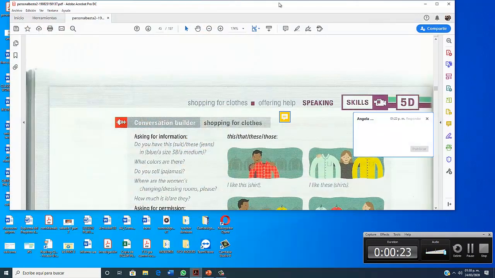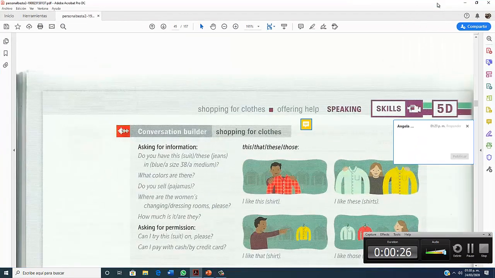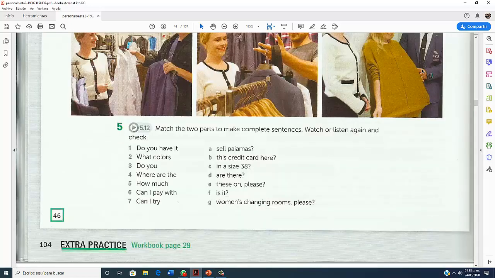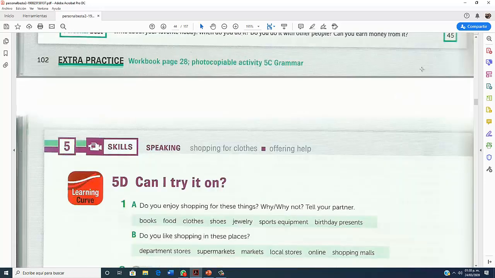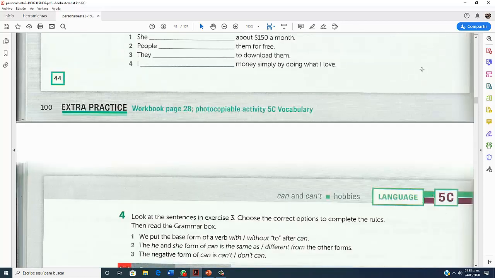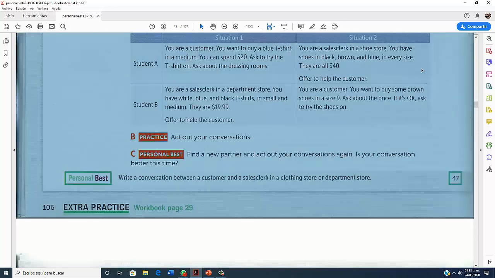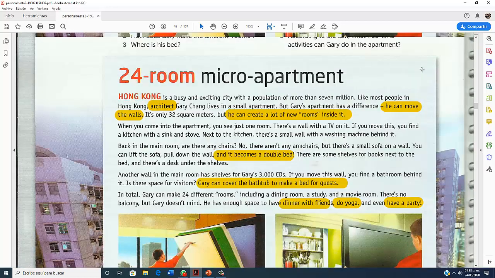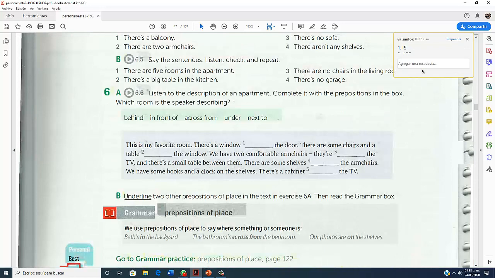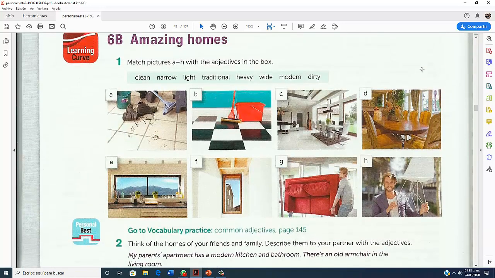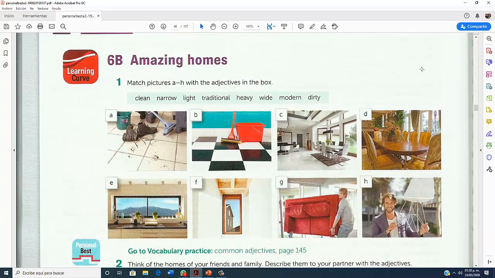So if you look at your books on page 50 and 51, here we have a listening activity. Oh no, we finished this last class. So now we are supposed to do this activity. Remember, this is page 50.